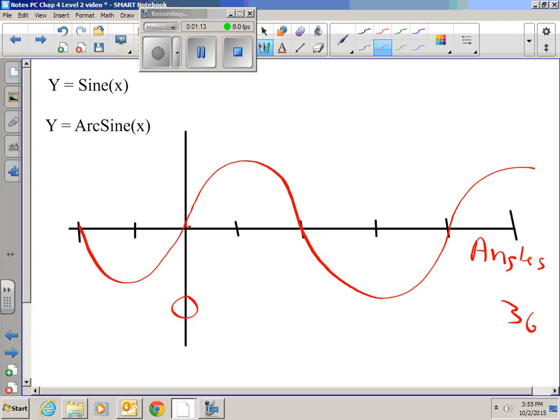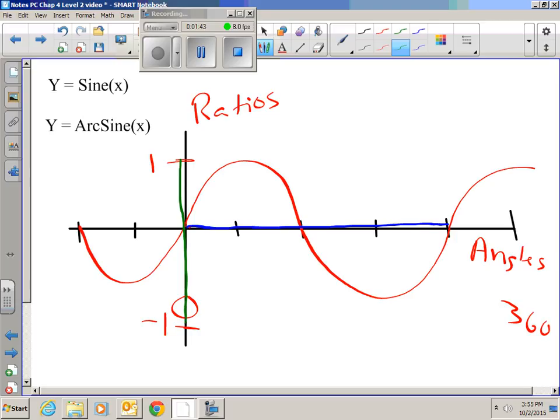And my output, my y's, these are the ratios, and they go from 1 all the way down to -1. So my angles go from 0 all the way up to 360, and my ratios go from -1 to 1. And that is our regular sine.